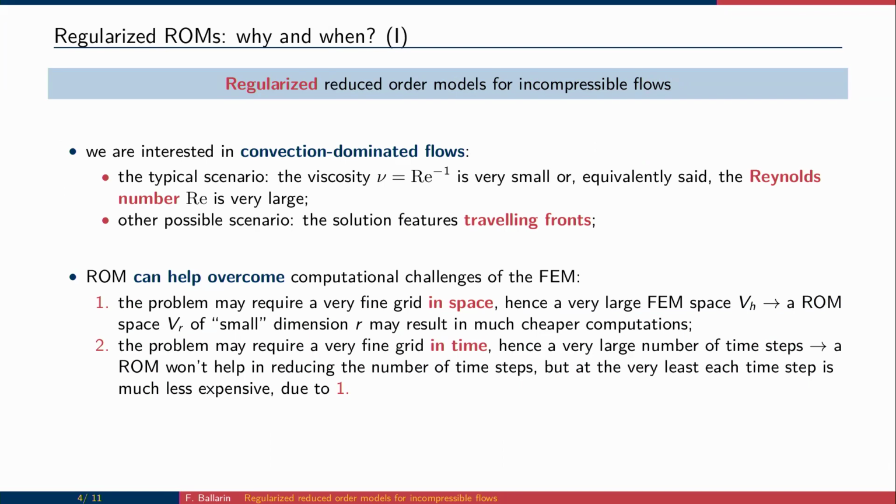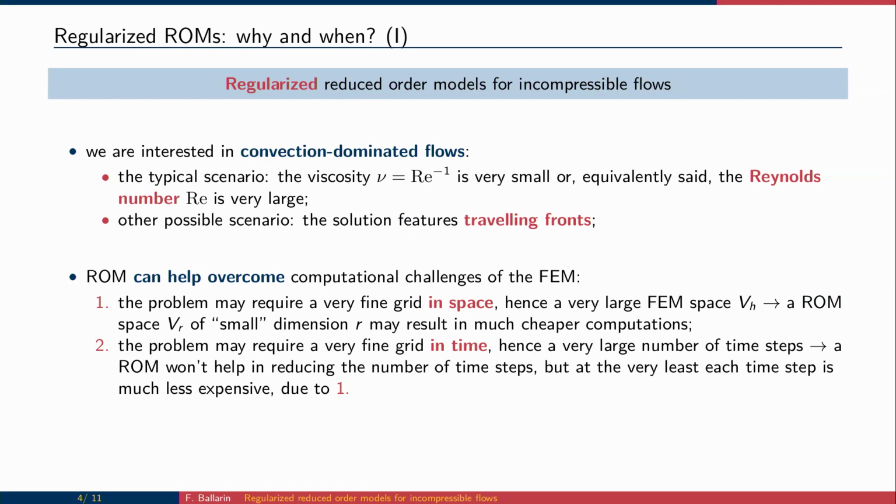In those cases, having a ROM can help overcome some computational challenges of the finite element method, especially for what concerns the space discretization part, in the sense that a convection-dominated flow may require a very fine grid in space, hence a very large finite element space VH. And then a ROM of small dimension R may result in much cheaper computations.